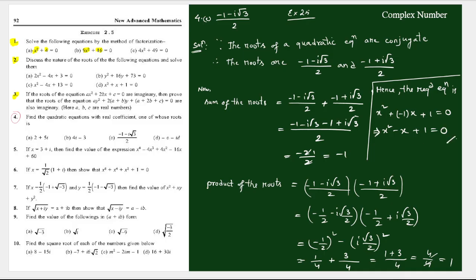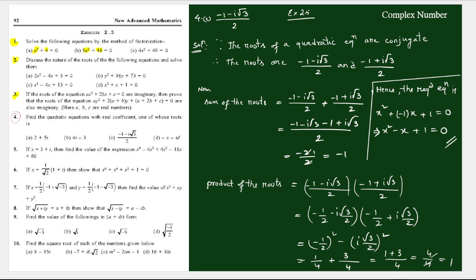So this is our required equation. ठीक है, okay, so number D and number B. This is up to you to do. Okay.